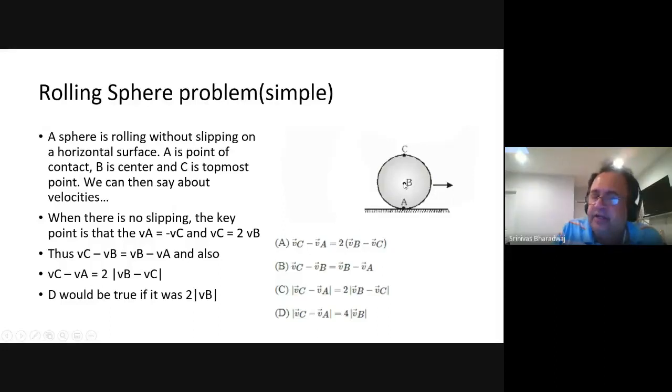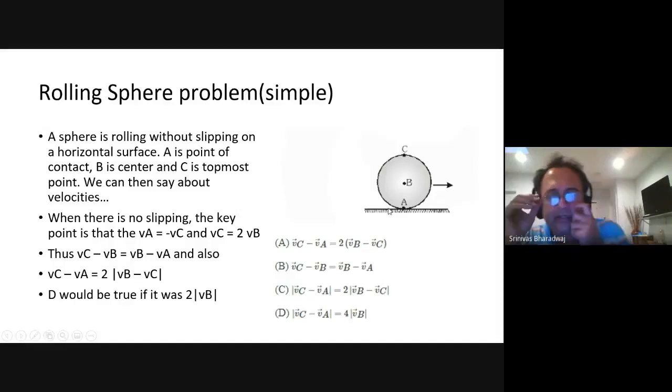So this point is translating, okay? This point is going backwards, this point is going forwards, but the important point is that when point B is moving with a velocity V, this point is moving with twice that velocity, and this in the forward direction. This point is moving with twice the velocity in the reverse direction.